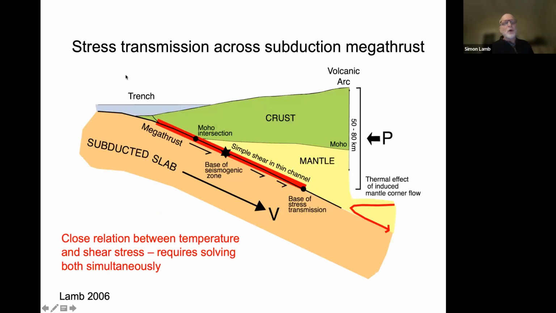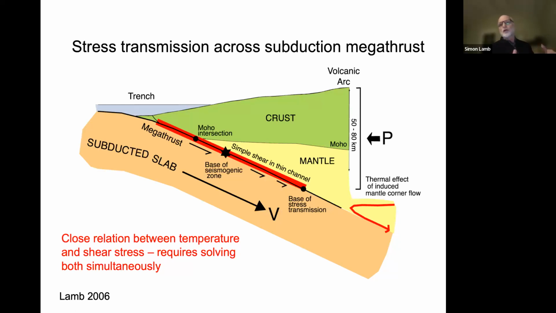We can be a bit more precise about this. You can model this system in a more rigorous way by thinking about the part of the system where the stress transmission is taking place as a brittle system, which is going to fail in these big subduction zone earthquakes, and part of it is ductile deeper down, which will probably result in aseismic slip.